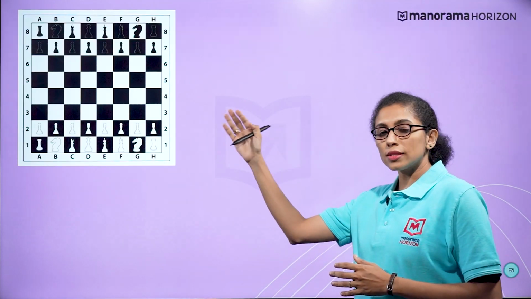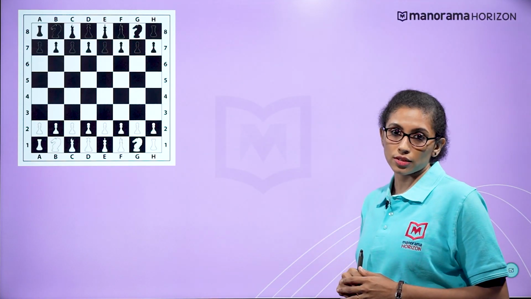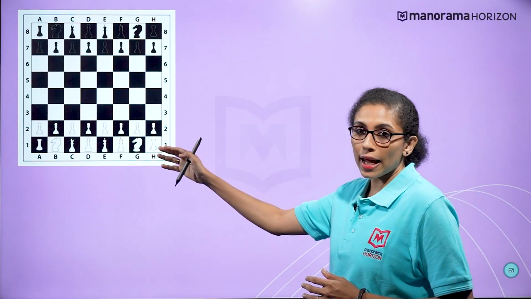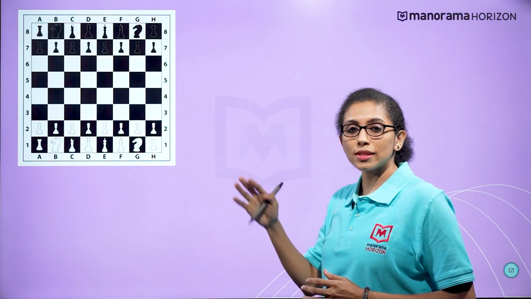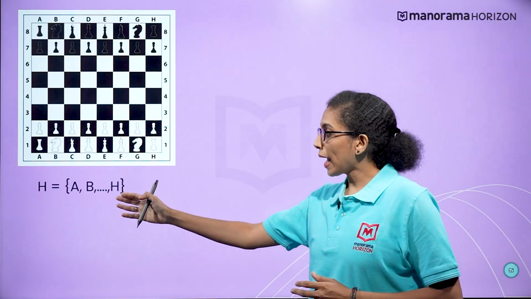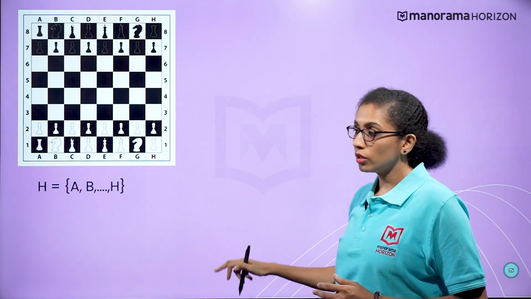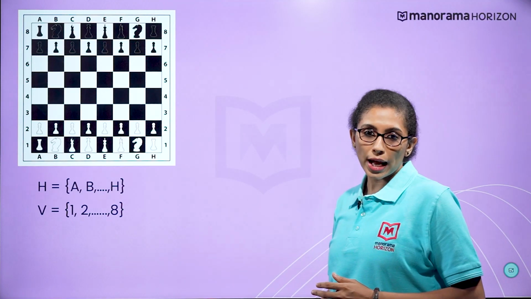A chessboard can be considered as a very good example for the Cartesian product of sets, where the horizontal row makes one set and the vertical column makes another set. Sets can be represented as H = {A, B, up to H}, V = {1, 2, up to 8}.